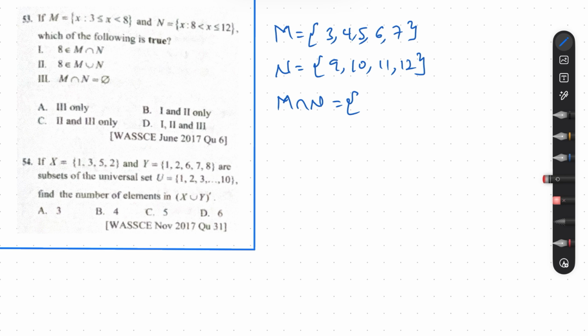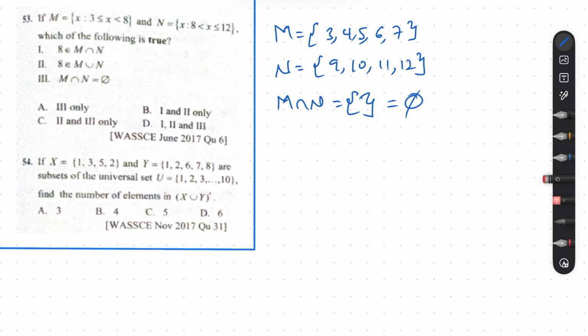So M intersection N is an empty set, which is written like this, or this. The same thing. So that means I here is not correct. 8 is not a member of this set.